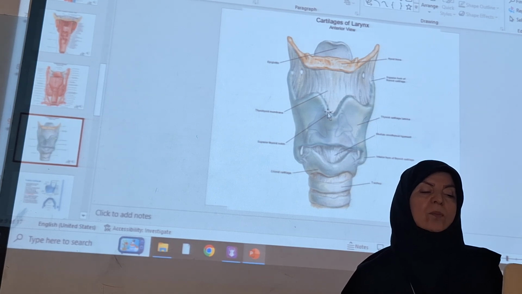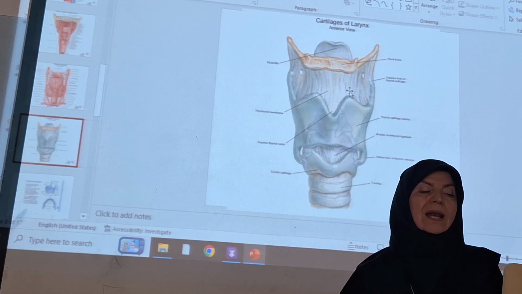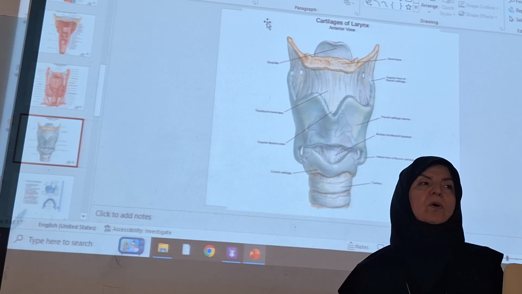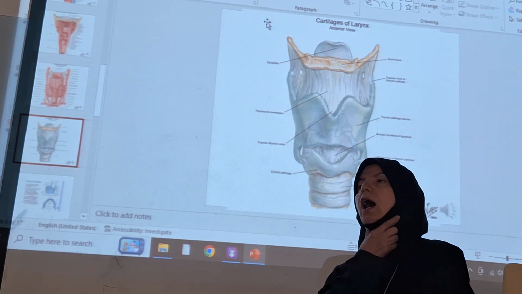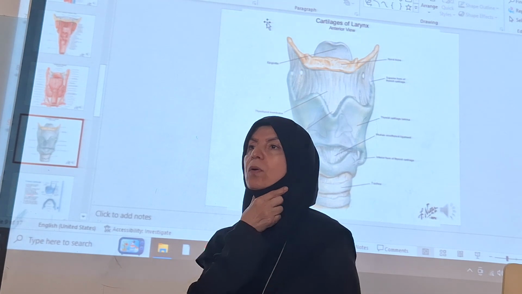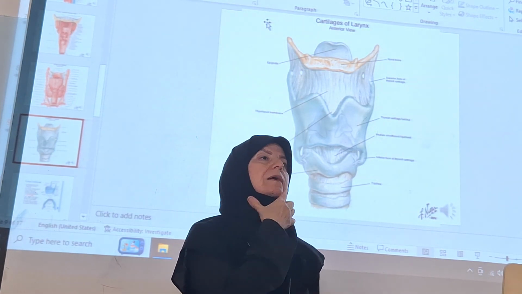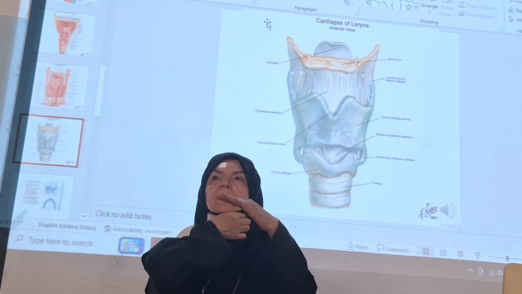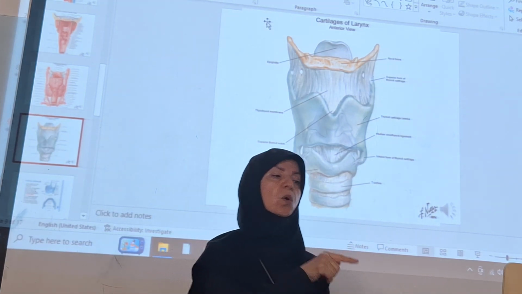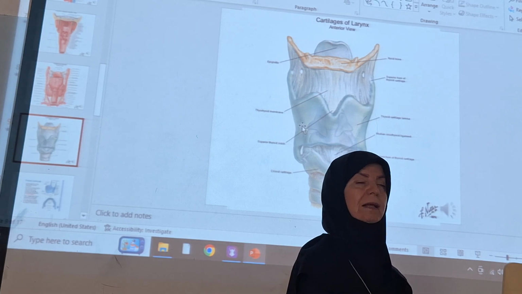The superior border of the thyroid cartilage is going to connect by a fibroelastic membrane to this bone. What's the name of this bone? Hyoid bone. The hyoid bone is a single bone in the base of the tongue. So the hyoid bone is superior to the thyroid cartilage.